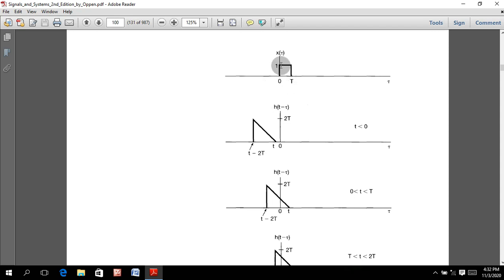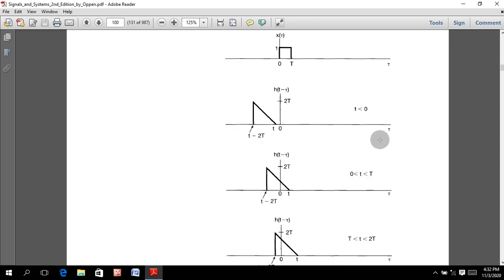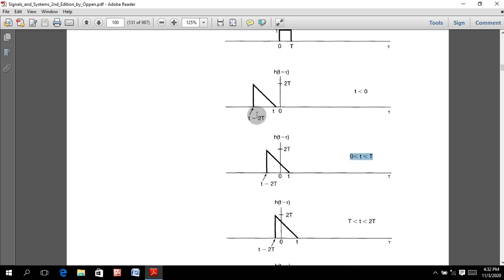This is the x of tau. This is the h of t minus tau. This is the range in which the impulse response is varying.